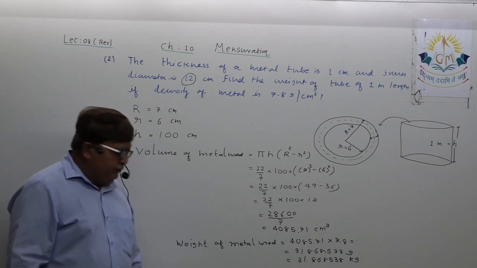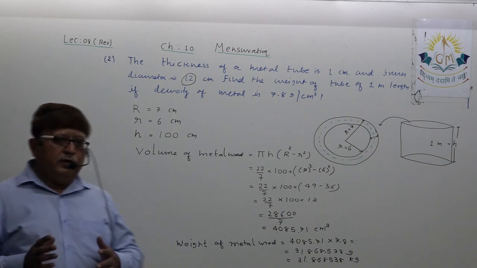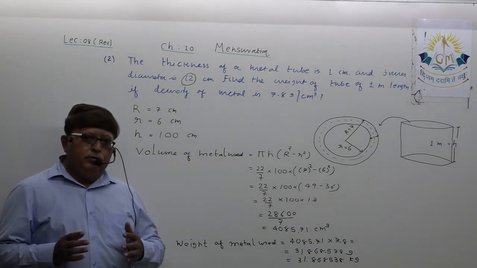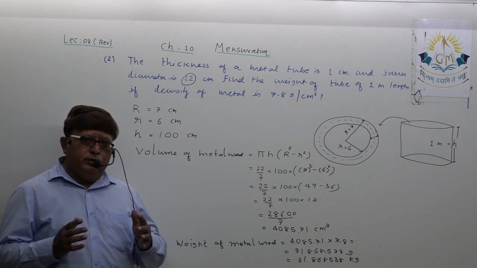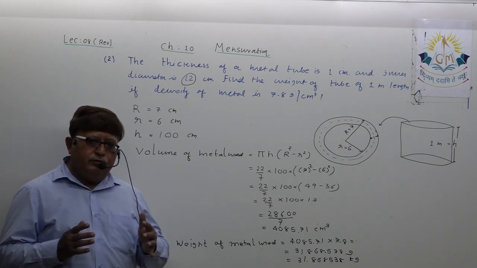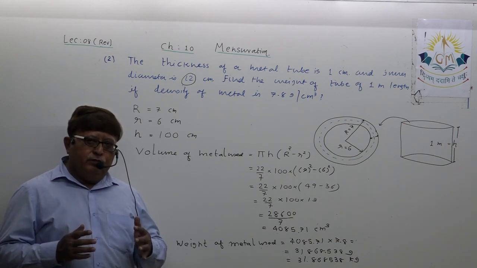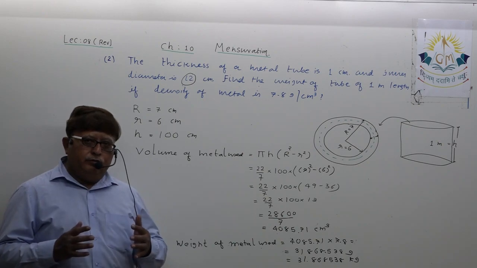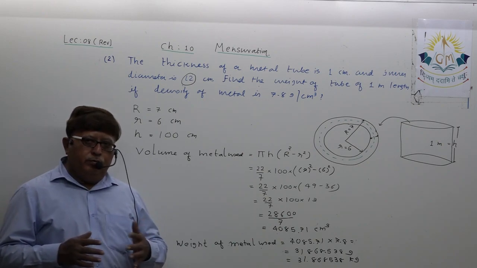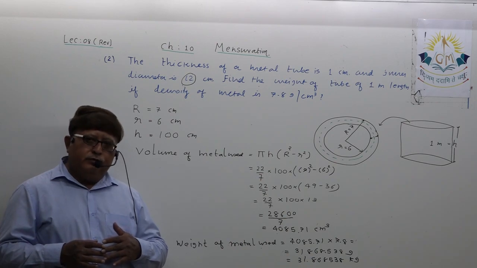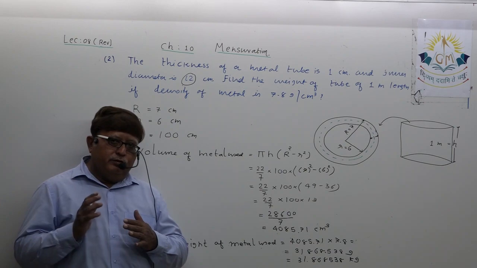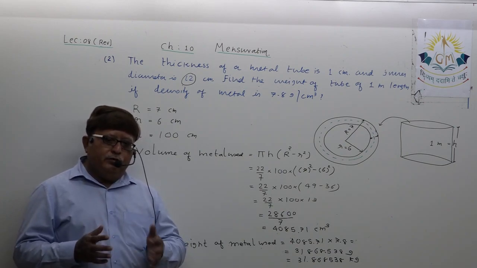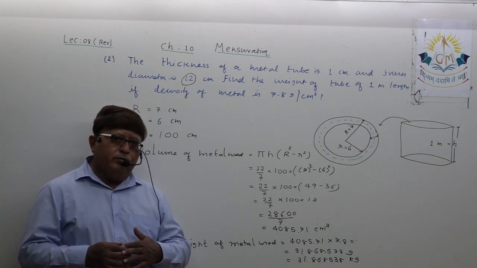So, dear student, our target in today's lecture remained how to find the material, that means metal used in constructing or manufacturing either hollow cylindrical pipe or hollow metallic tubes. Understand? And I expect that you must have caught the concept and basics of such examples in your mind.